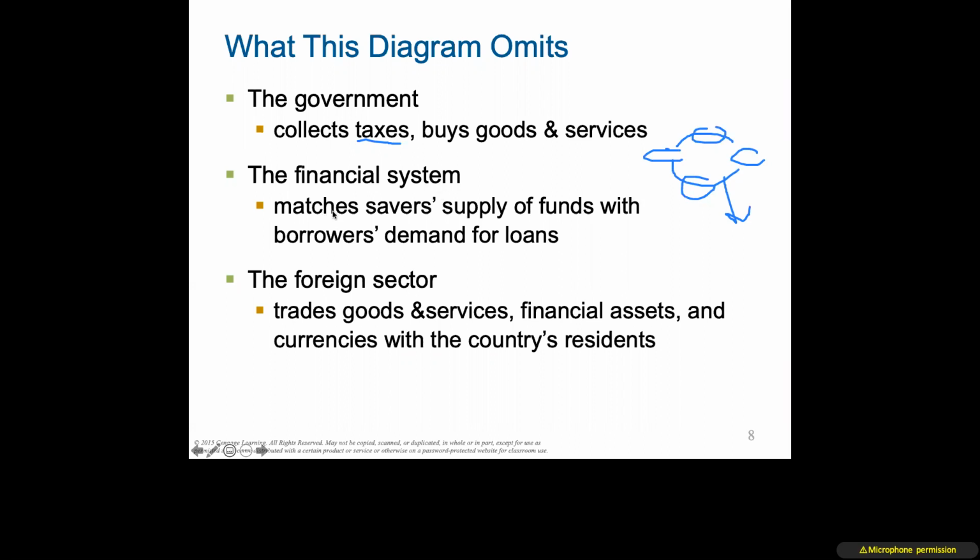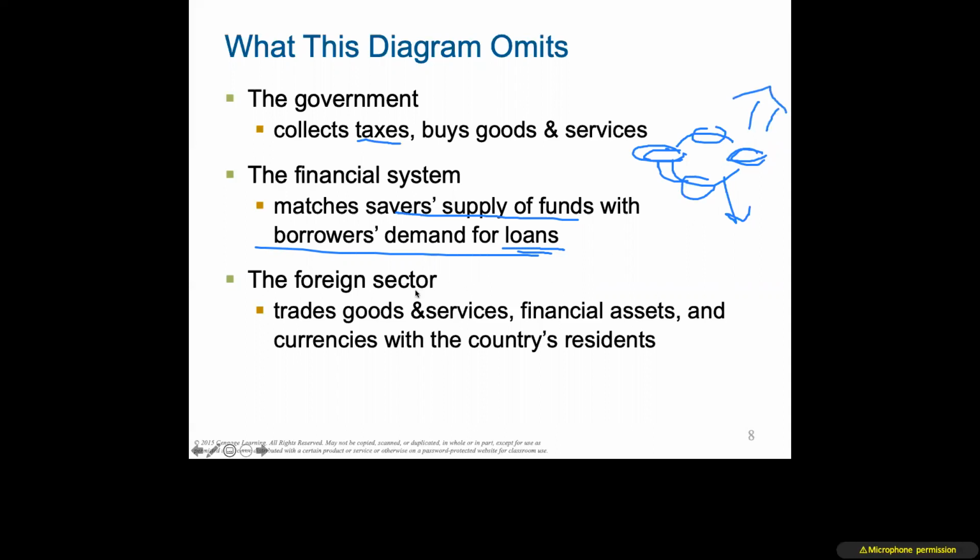Financial systems. Financial systems are matching the saver's supply of funds with the borrower's demand. So this is allowing money to go into the factors of production. It's also allowing money available to buy things for firms, but it's also allowing consumers to buy things like houses and other things, right?